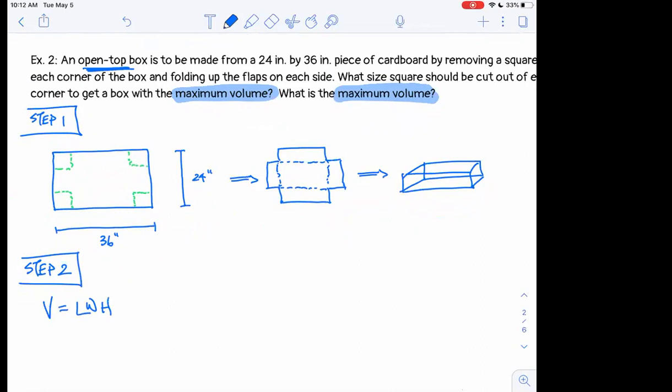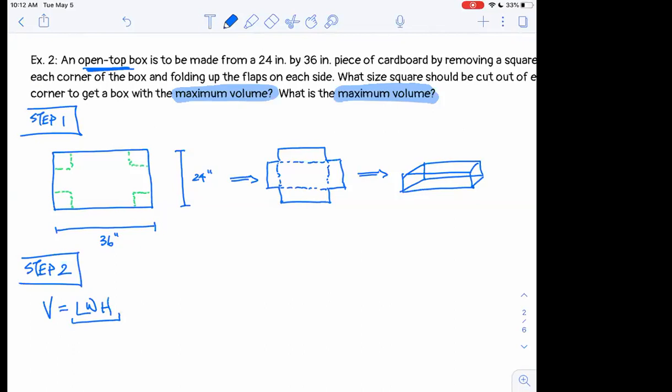Now, this one has way too many letters. I have 3 letters on this side. I don't want that many. So this is what I need to do. I need to get 3 different letters to just be 1 letter. Okay, so either I'm going to have L or W or H.